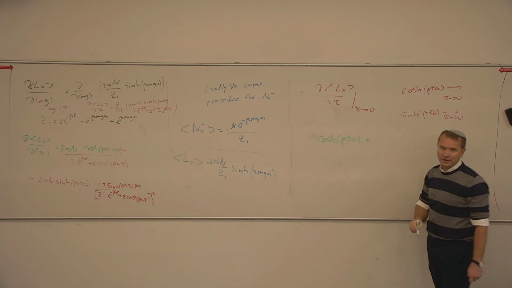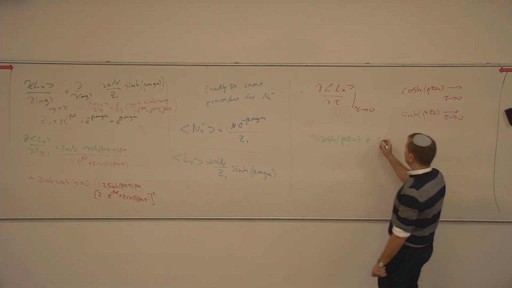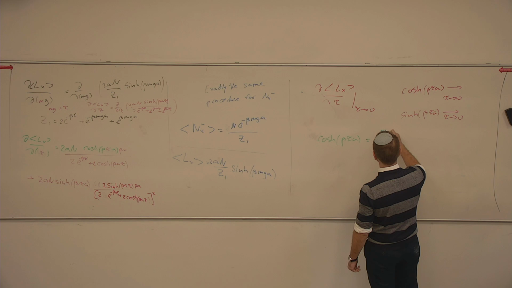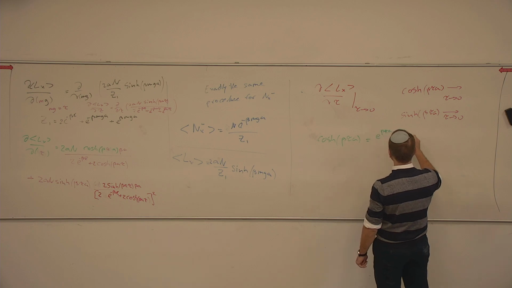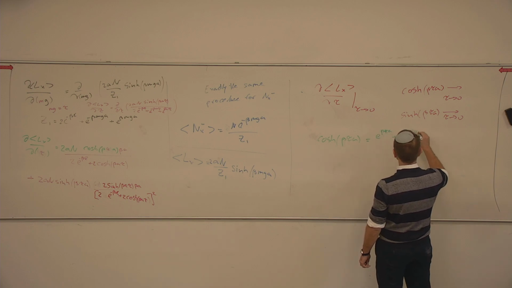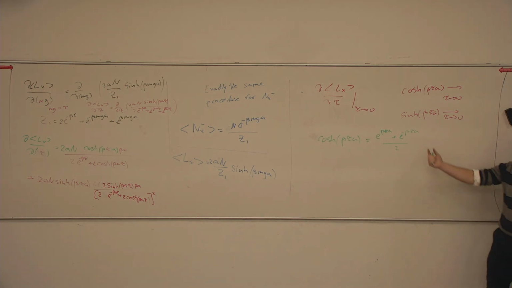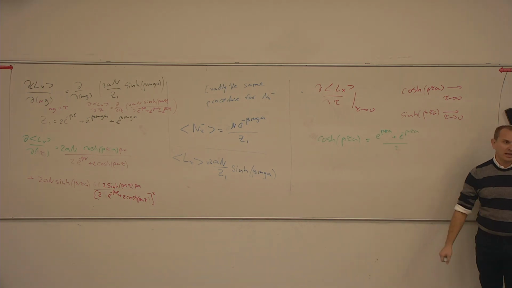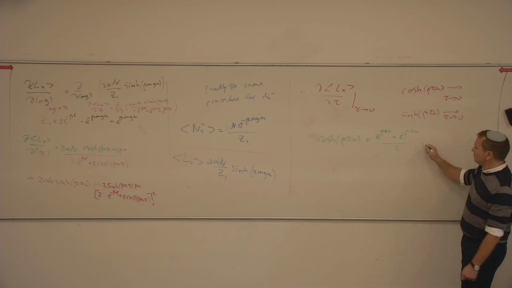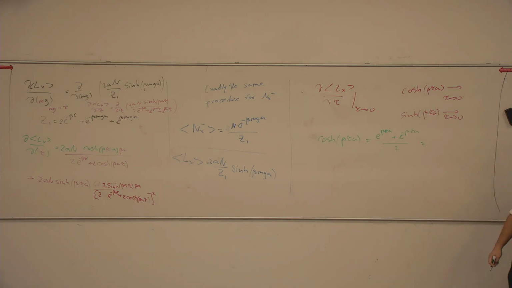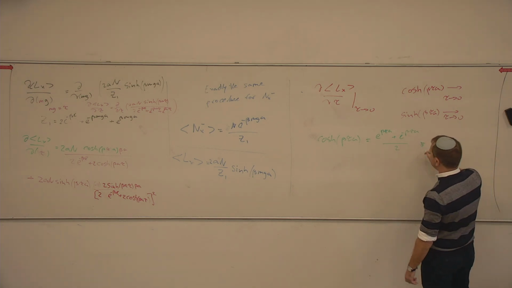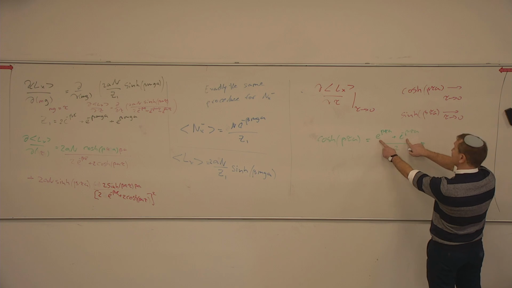So write it down as an exponential, right? It is e to the power beta tau a plus e to the power minus beta tau a, divided by 2. Since we are interested in the small tau limit, we expand each of those exponentials up to the first order, right?